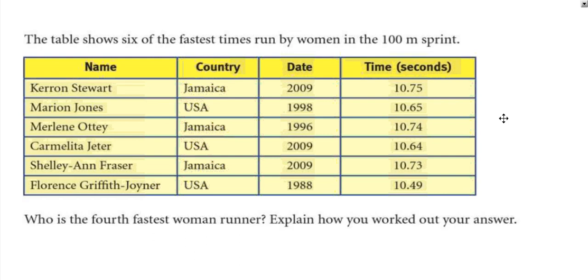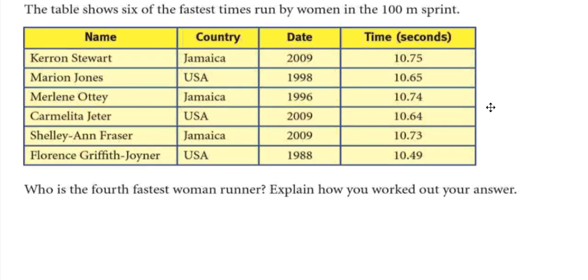The table you see there shows 6 of the fastest times run by women in the 100-meter sprint. We have the name, the country, the date, and the time taken by each runner. Who is the 4th fastest woman runner? Explain how you worked out your answer.